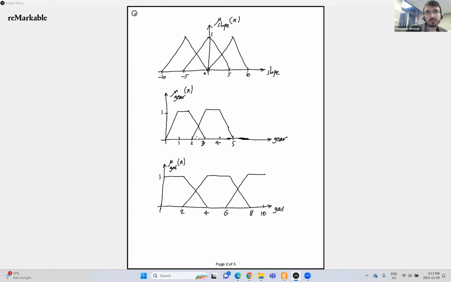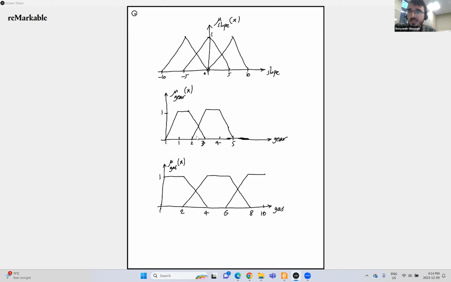Another question that you might be wondering is, how do we know the domain or the range of inputs and outputs? For example, a slope here, I'm assuming it's between -10 and 10. Gear, I'm assuming it's between 0 and 5. And gas, I'm assuming it's between 0 and 10, right?